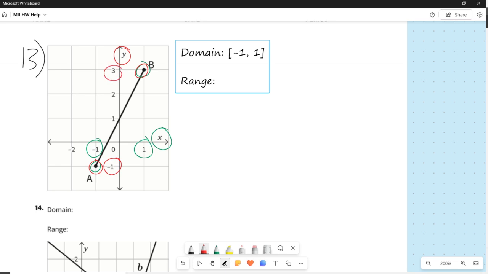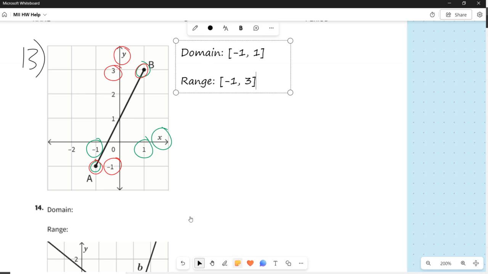The largest y value is 3, and it includes the 3. So our range in interval notation is bracket -1, comma 3, close bracket. That tells us it's all the numbers between -1 and 3, including the -1 and including the 3.